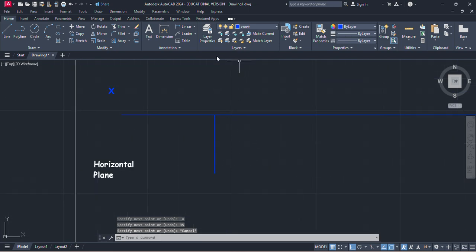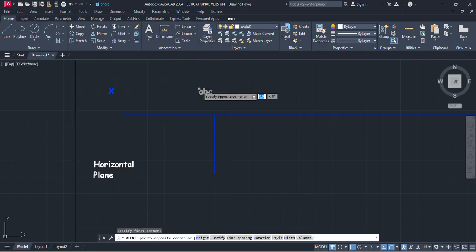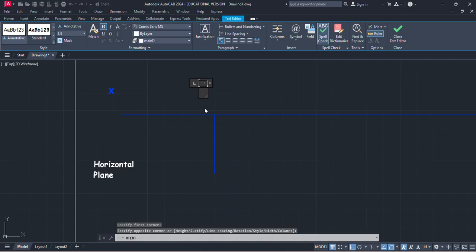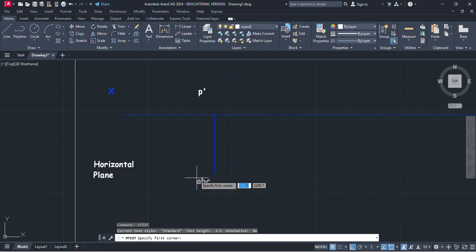So we have P dash on HP, and this is P, the top view. This is the front view, this is the top view.